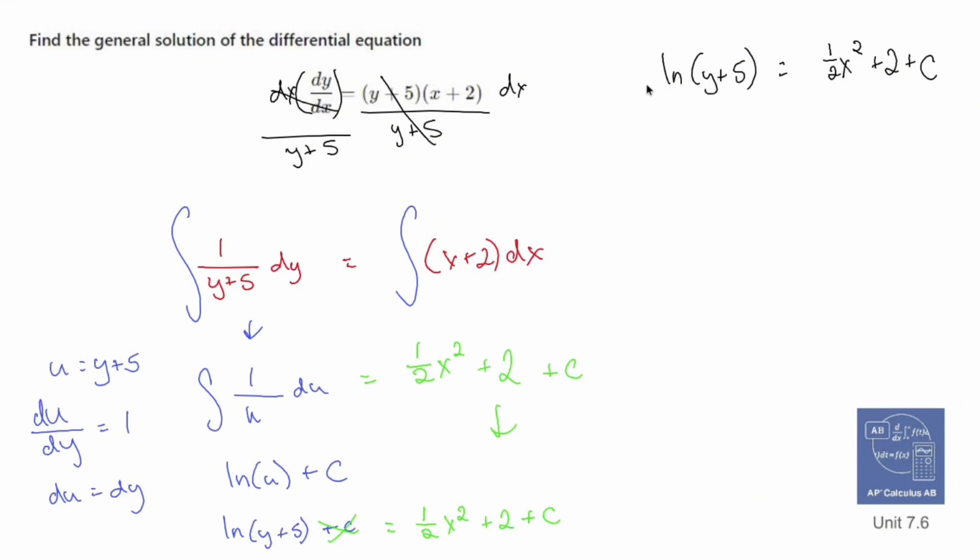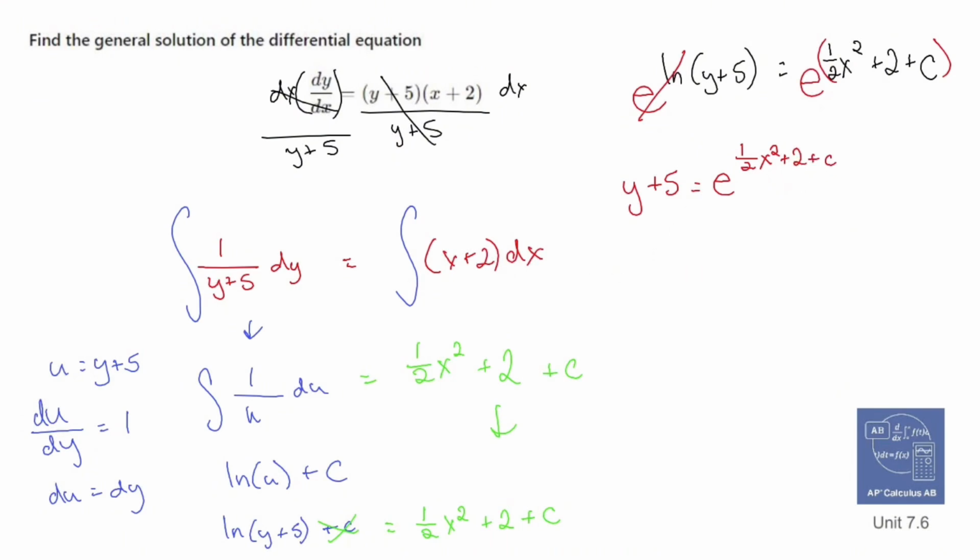In order to get rid of that ln and isolate the y, I'm going to have to e to the both sides. I know that's not proper, but what that does is it allows these to cancel out and it drops down y plus 5. Now the right side is e to this whole thing, 1/2 x squared plus 2x plus c.